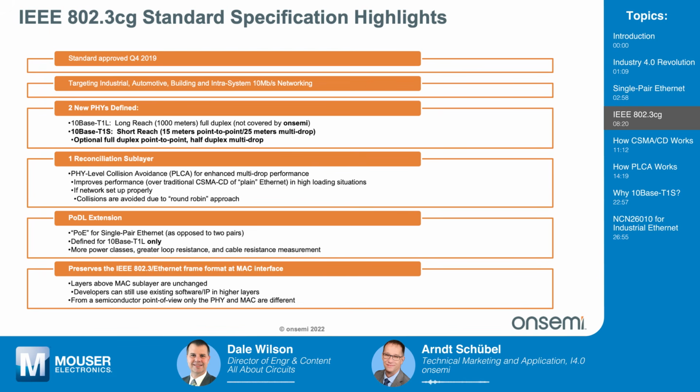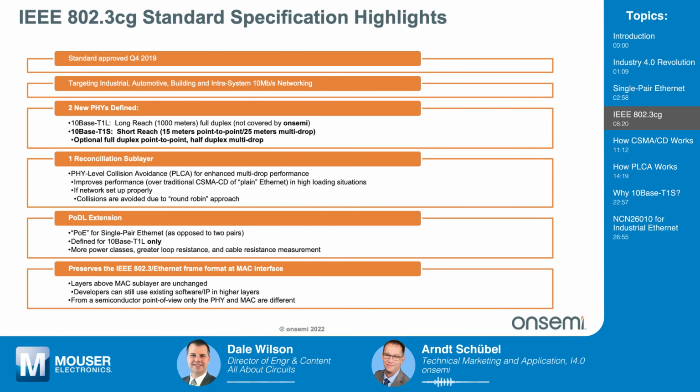We as a company took care of the 10BASE-T1S short reach, or short range: 15 meters point-to-point and 25 meters multi-drop, where the point-to-point defined there has an optional full duplex, which we chose not to implement, but we looked at the half duplex multi-drop because we quickly saw that this is where the cost savings in installations will come from. With traditional CSMA/CD or plain Ethernet, in high loading situations, you're going to run into problems with reduced bandwidth and higher access time to the media.